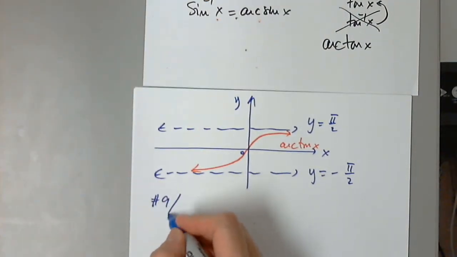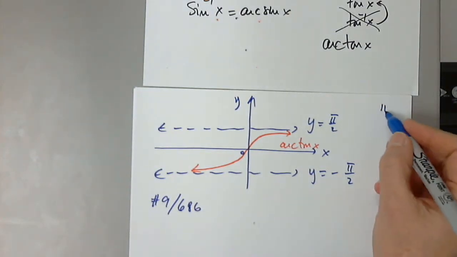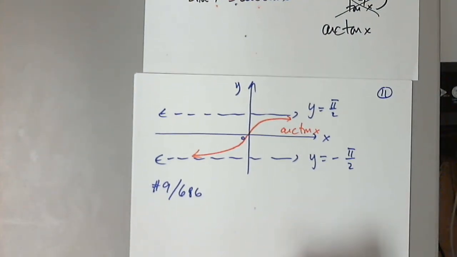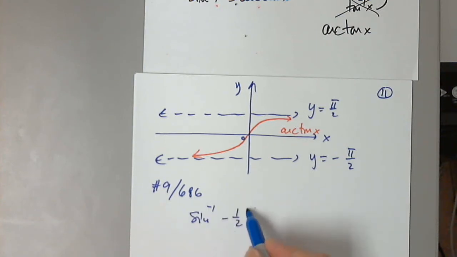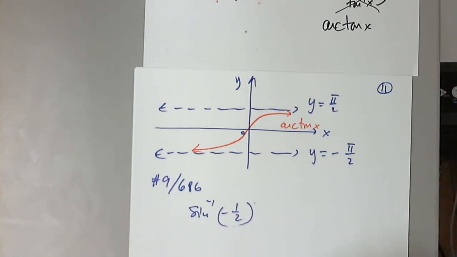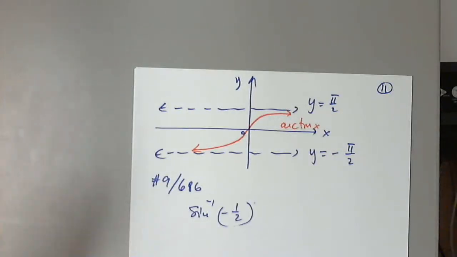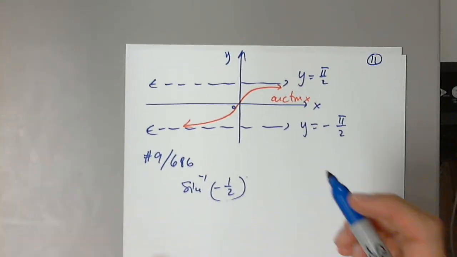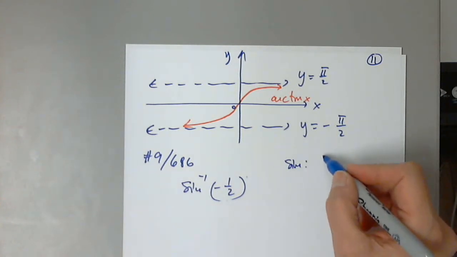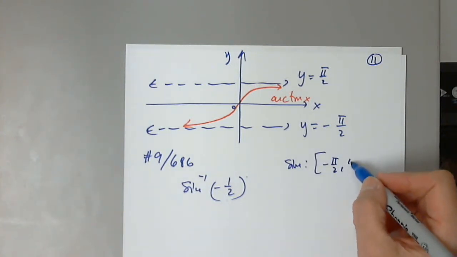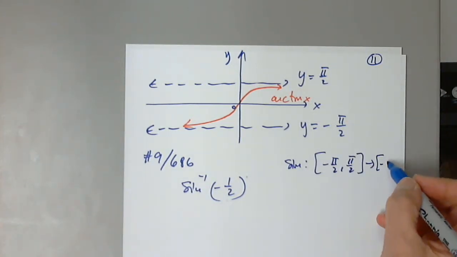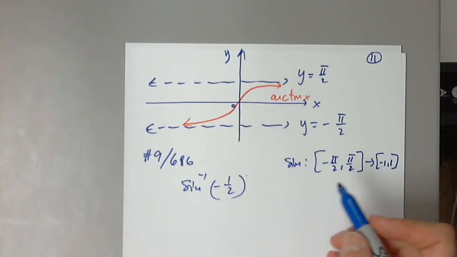This is 9 on page 686. We're asked to find the sine inverse of -1/2. Before we attempt this, on the side we will write: sine is defined on -π/2 to π/2, taking values between -1 and 1, as we did a few minutes ago.